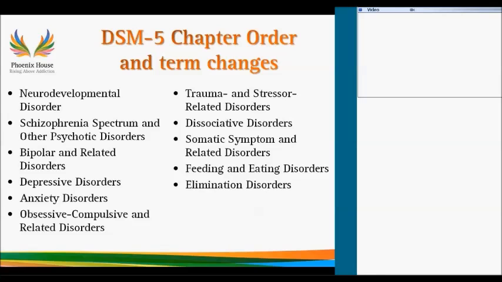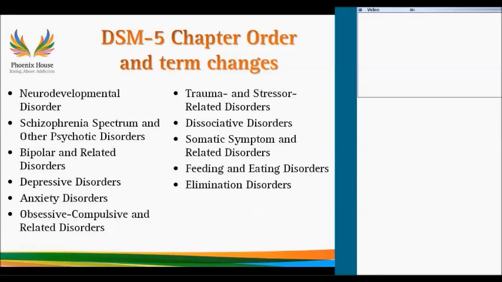now two separate chapters. Anxiety disorders, and one of the things that is a big part of the changes in this manual is that the anxiety disorders chapter, as it was previously listed in the DSM-4, really has gotten chopped up a bit. Anxiety disorders such as panic disorder, agoraphobia, generalized anxiety disorder, social phobia are included in the anxiety disorders chapter, but there is now a new chapter called obsessive compulsive and related disorders.